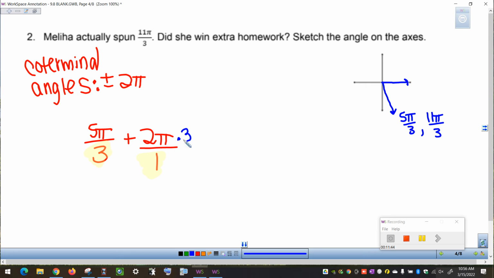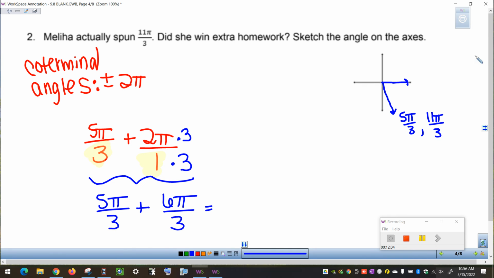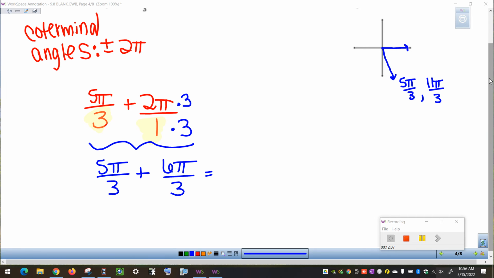We're going to multiply the top and bottom by whatever number we need to get the denominator the same as whatever the fraction is to begin with. In this case, 3. And so we're going to change the problem here. It turns into 5 pi over 3 plus 6 pi over 3. So notice here that 6 pi over 3, it's the same thing as 2 pi, it's just in a different form.